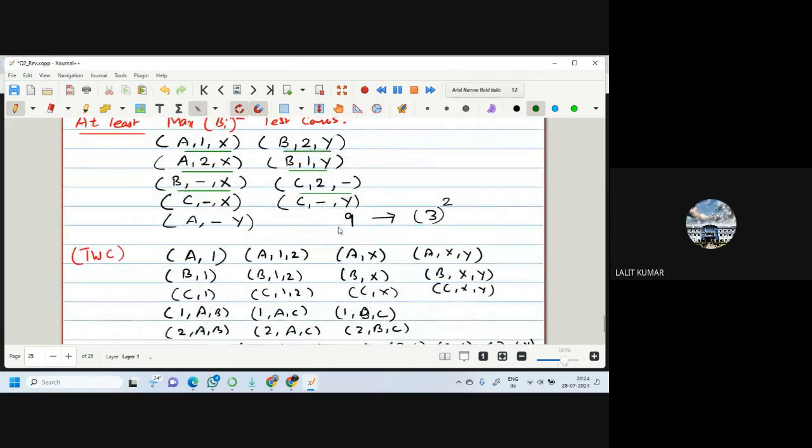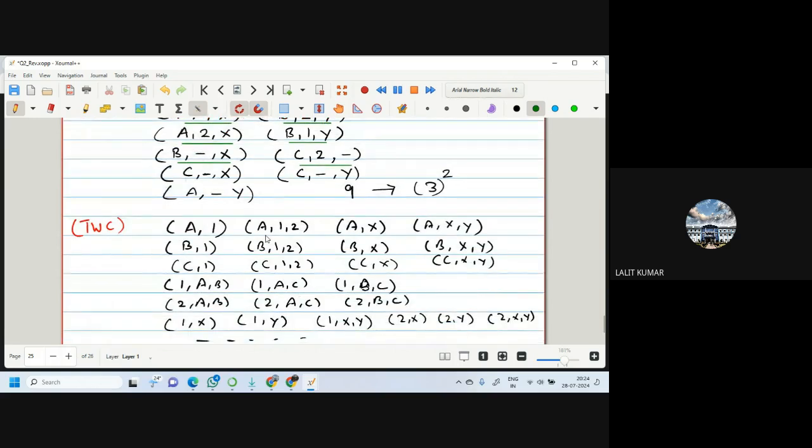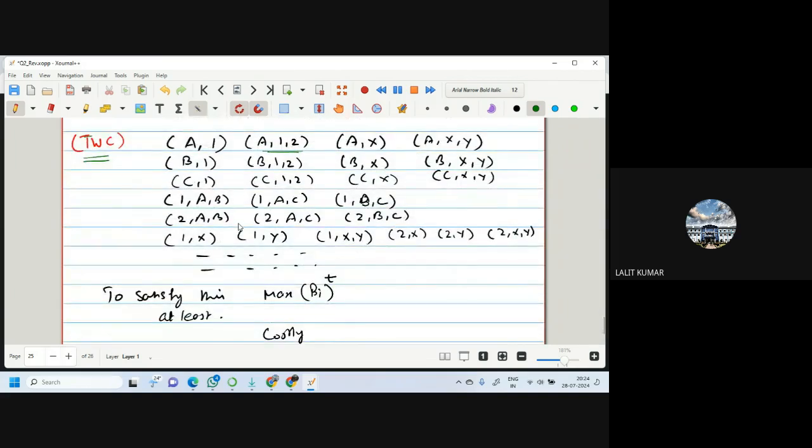So here we were taking only one value. In the TWC, what they have said is that you can increase the value. Like for pairwise, we were taking only one pair, like A and 1. In T-wise, they are saying that you can increase the value. For example, we have increased to A1, A1, 2, AX, AXY. And for this, they have given the formula, max of the product of the values.